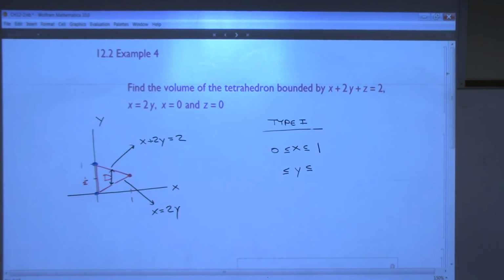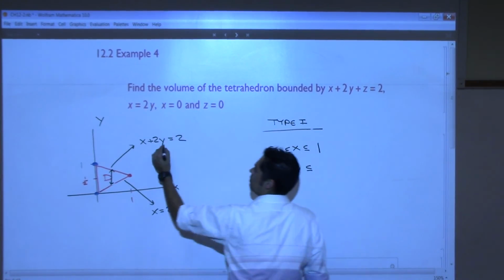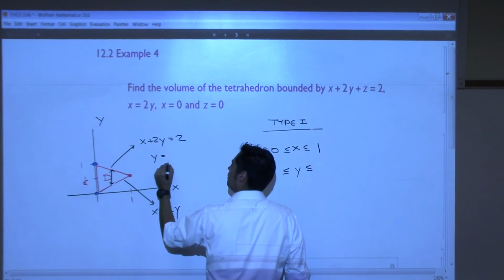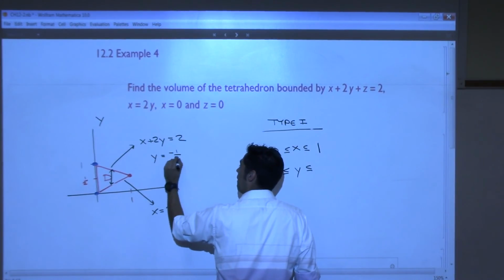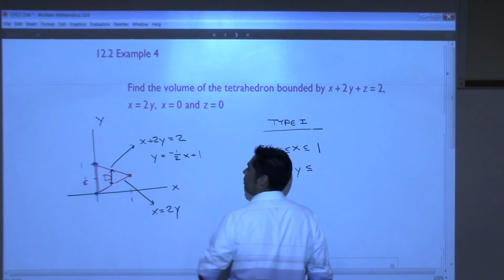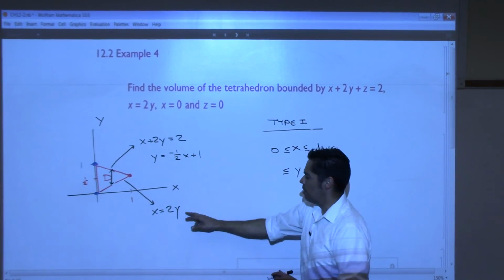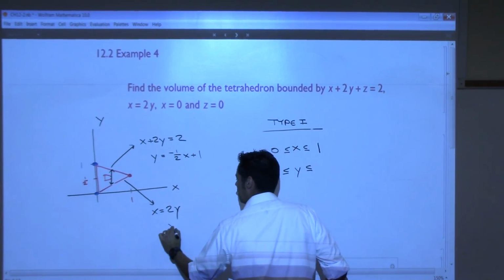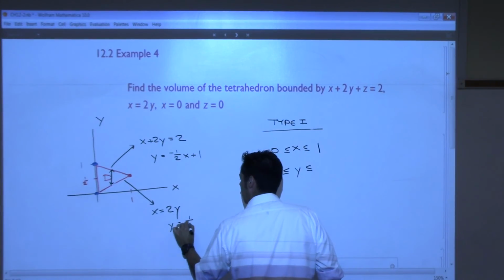Now this is a type 1 region. So I want to solve both of those equations for y. So this should be y is equal to negative 1/2 x plus 1. Solve that for y. Solve this for y. y is equal to 1/2 x.